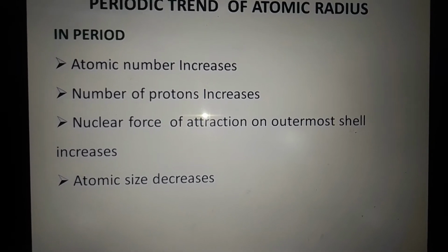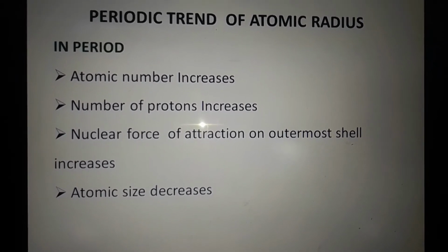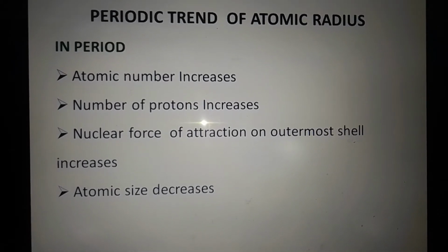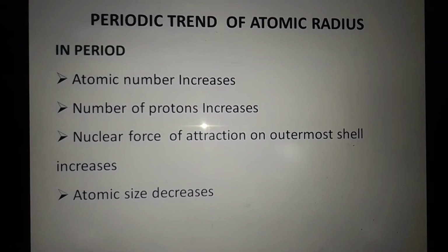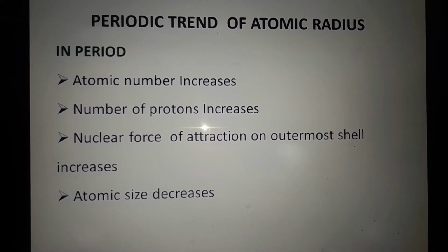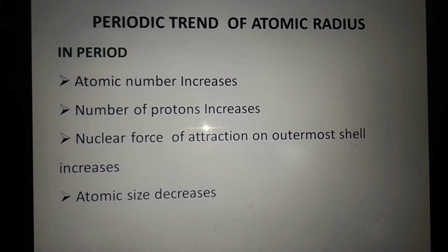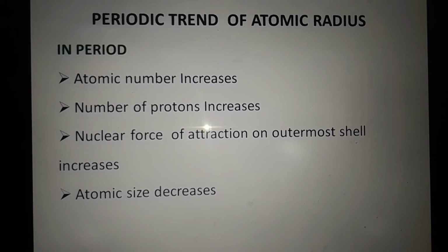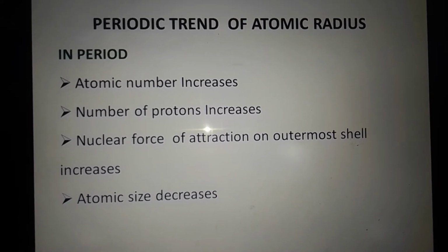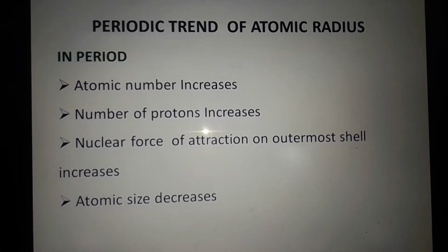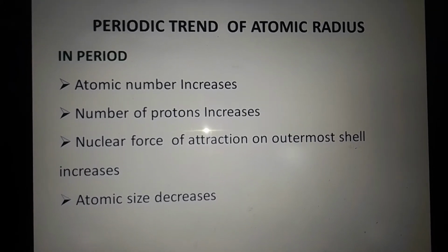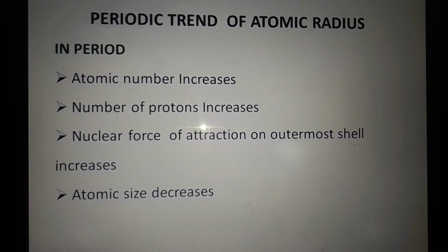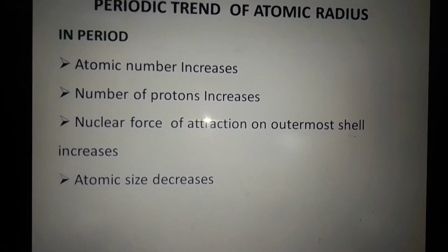As the negative charge on the outermost shell and the positive charge in the nucleus increase, the electrons are attracted more towards the nucleus. Thus the distance between the nucleus and outermost shell decreases, and accordingly atomic size also decreases.